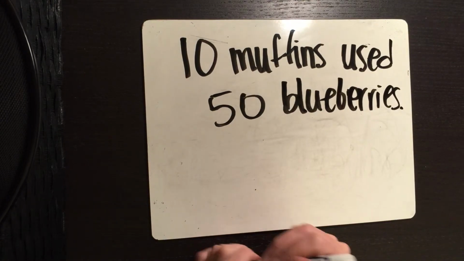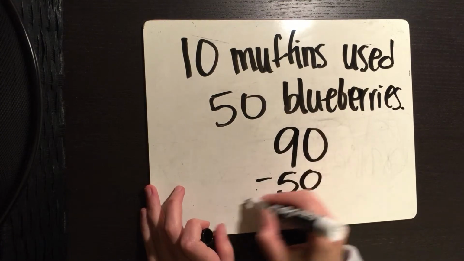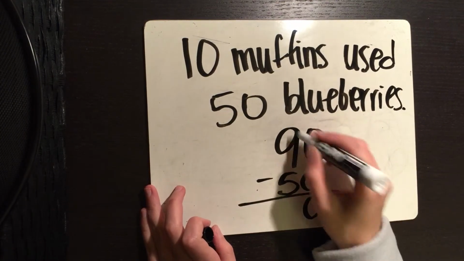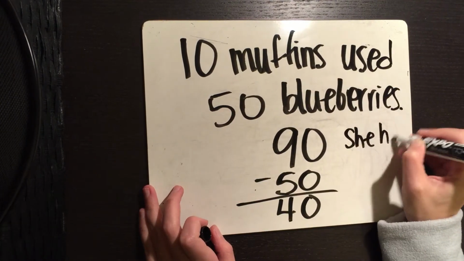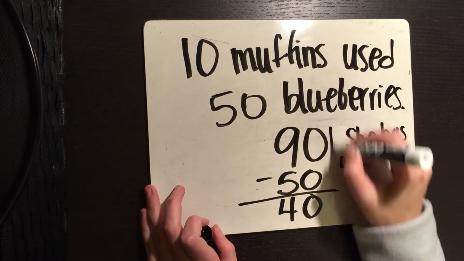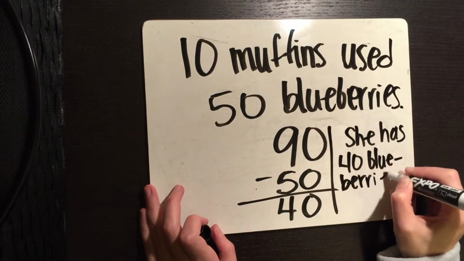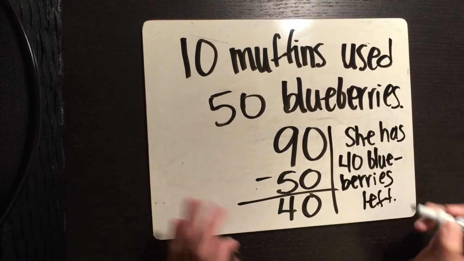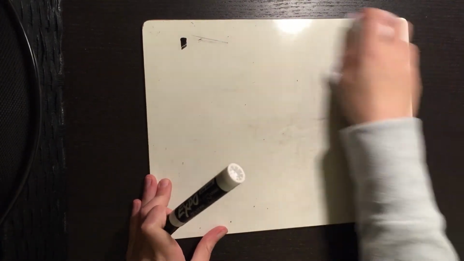Ooh, that sounds like subtraction. 90 minus 50 equals 0 minus 0 is 0. 9 minus 5 is 4. She has 40 blueberries left.